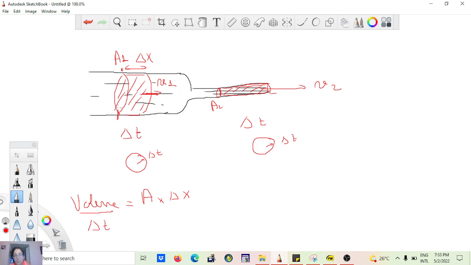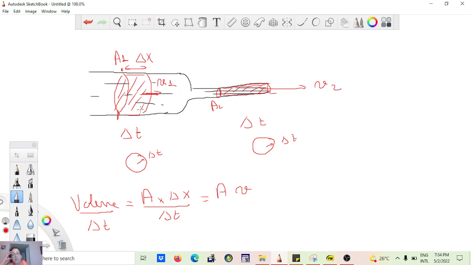So how much volume of fluid is going to go through this area per second? All you have to do is divide by delta t. So delta x over delta t is the speed. It's going to be A times the speed. So that's the volume rate: how much fluid, in cubic meters, is flowing through that area in 1 second.